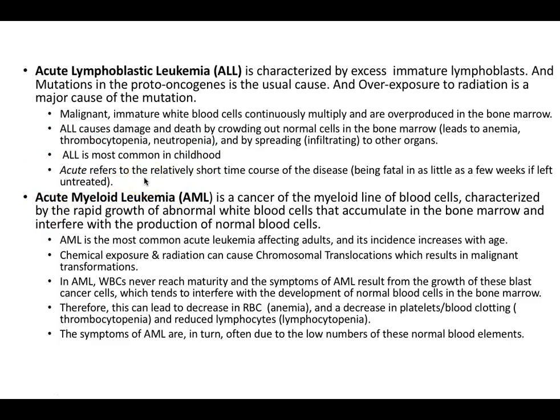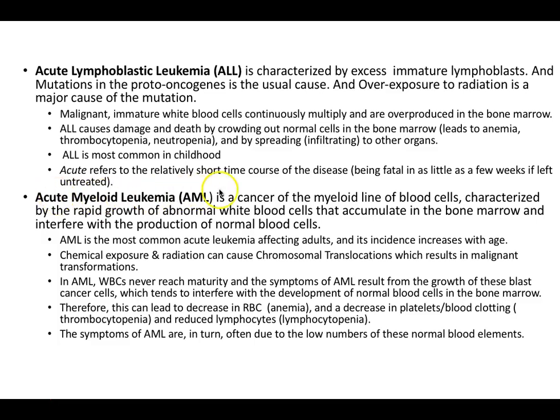You have to catch it very quickly, otherwise ALL can be a killer in as little as a few weeks. The adult version of this is acute myeloid leukemia. And the myeloid cell, remember, can become a red blood cell or white blood cells like neutrophils, and megakaryoblasts that lead to platelets.